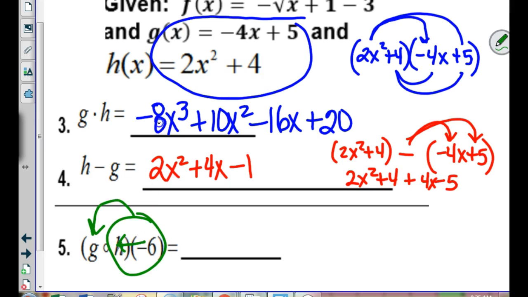Okay, so -6 into h. Be careful, watch your signs. Some of you still struggled with this when we did this on a quiz. A negative squared should become what? Positive. So this should be 76 maybe? Yeah.